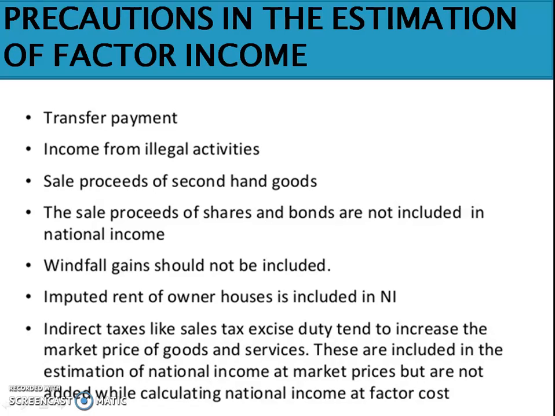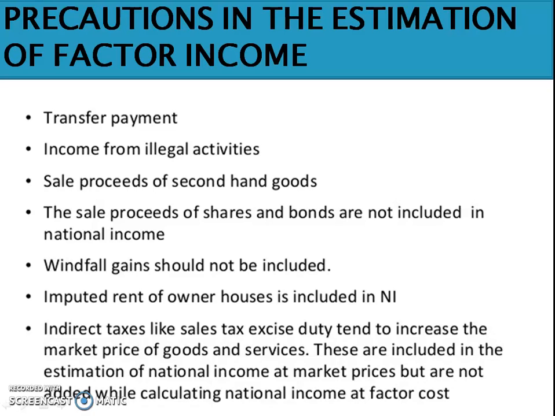So that was today's session. Today we have discussed national income estimation by the income method, and the income method is the sum of all the factor income of a country with factor income from abroad, and the factor payments are divided into three categories.